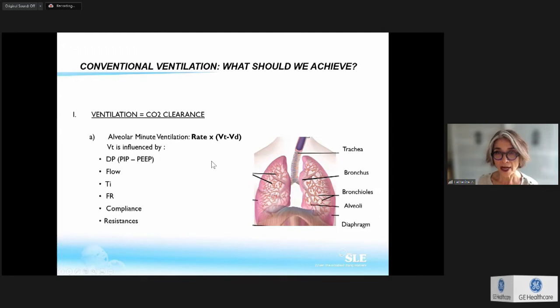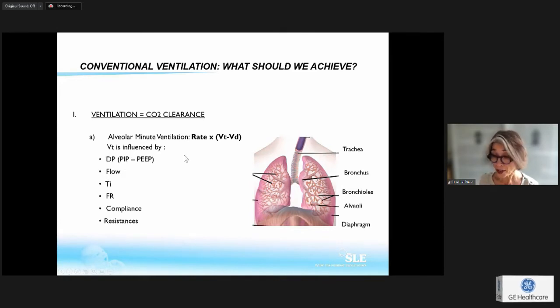So here it is the rate times your tidal volume minus the dead space. The dead space is all the part of your ET tube, your airways, which doesn't take part in the gas exchanges.